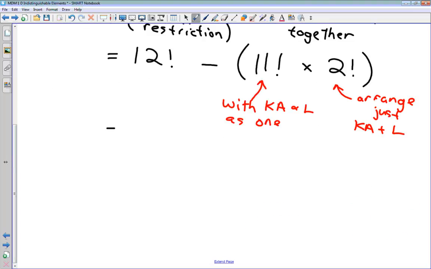So it's going to be 12 factorial minus 2 times 11 factorial. Whoops, I wrote 1 factorial. We want it to be an 11 factorial. So what is this going to equal? 12 factorial minus 2 times 11 factorial. Who's got a calculator?